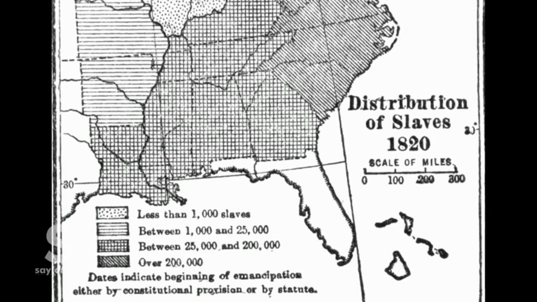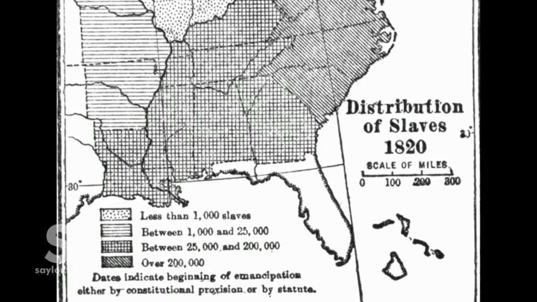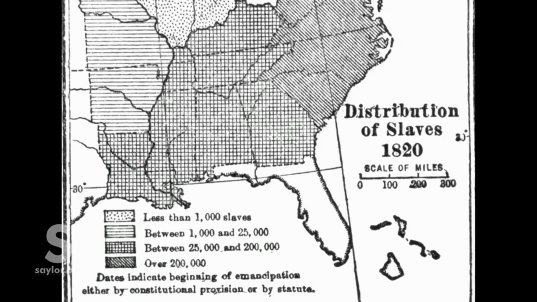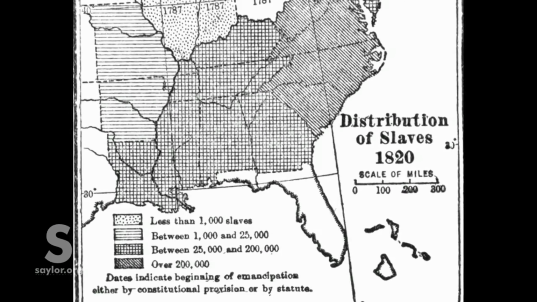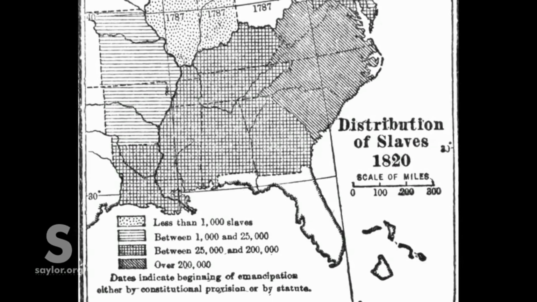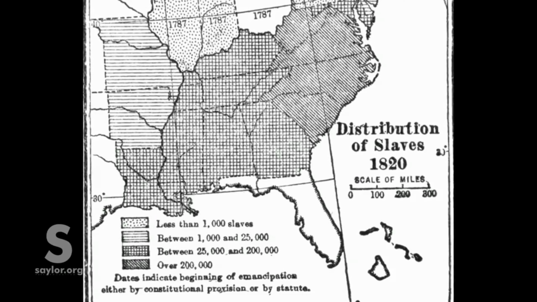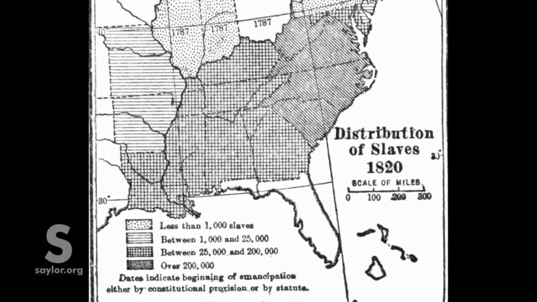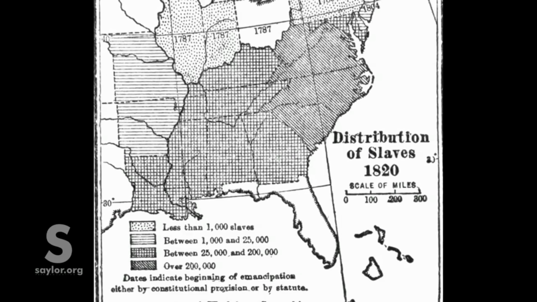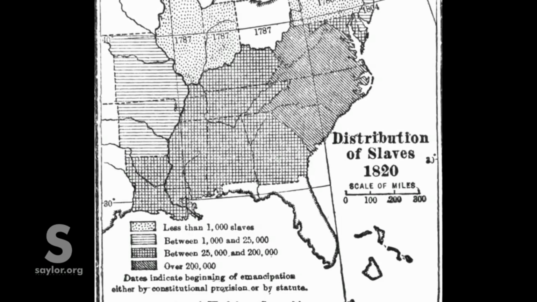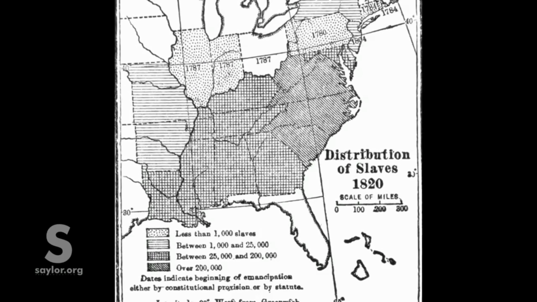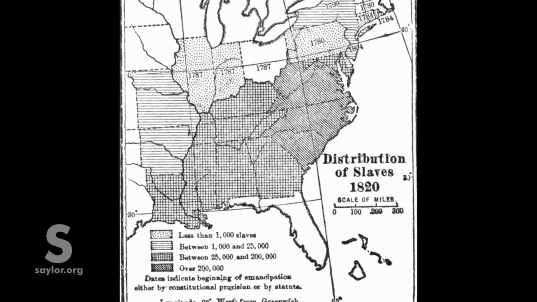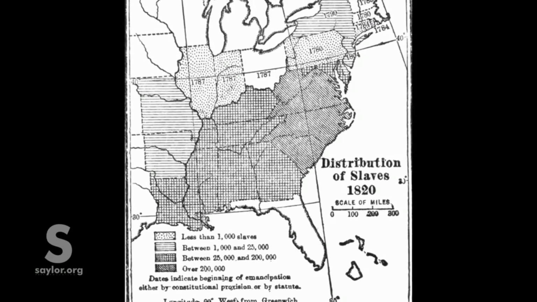By the 1820s, 1830s, and 1840s, prominent Southerners were arguing that slavery was a beneficial institution, that Africans by nature were servile, and the best thing for them was to be slaves, that they were incapable of being free men, that slavery was a blessing to slaves because it allowed them to be exposed to Christianity and to the higher culture of white civilization. So all of a sudden you had Southerners defending and being very protective of the institution of slavery.